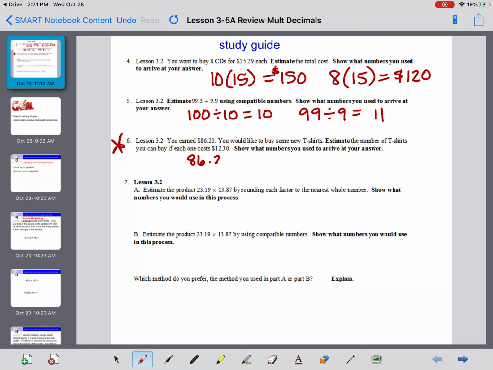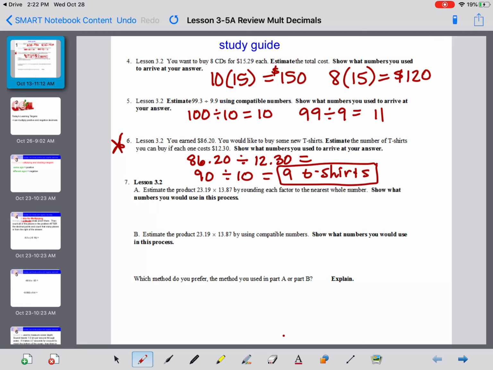So really, it's $86.20 divided by $12.30. Some of you might have rounded this to 90 divided by 10 and said about 9 t-shirts. Others of you might have done 80 divided by 10 and gotten 8 t-shirts, or any variation in between there.